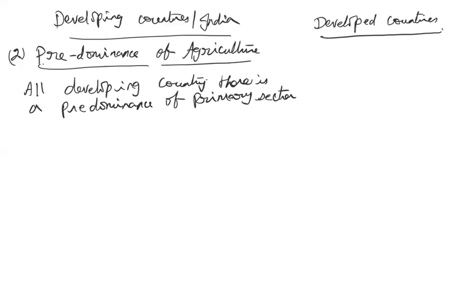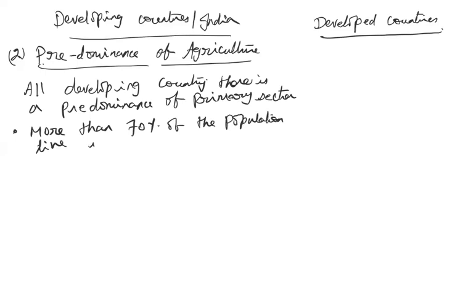More than 70% of the population, more than 2/3 of the population in these countries, live in rural areas, mostly belonging to the agricultural sector, depending on agriculture.